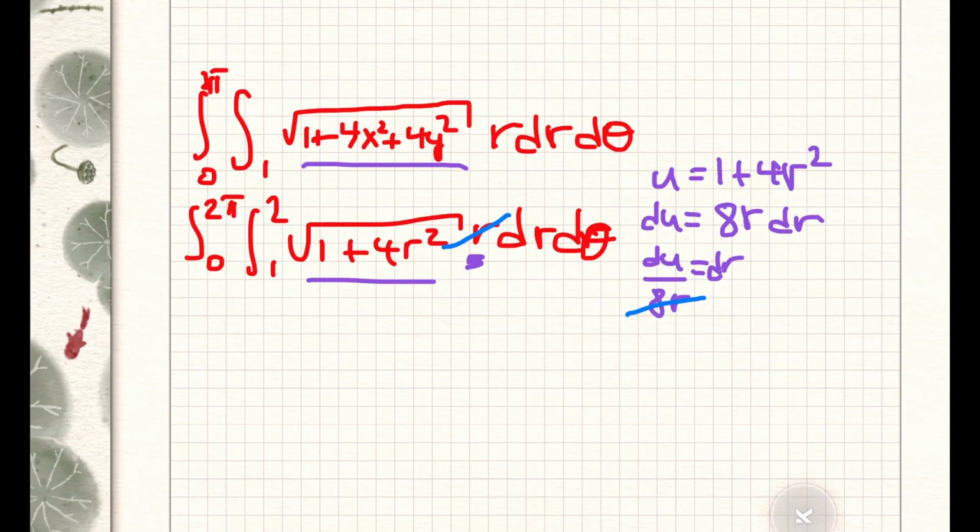We can now write the new parameters of integration by plugging 2 and 1 into the equation right here.